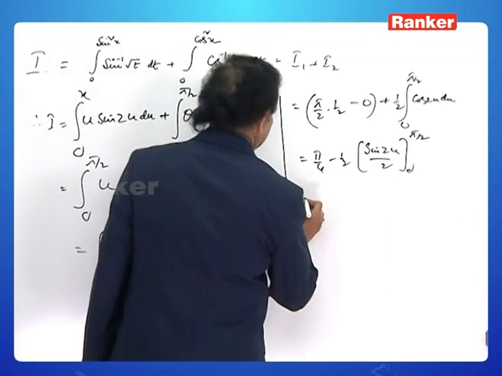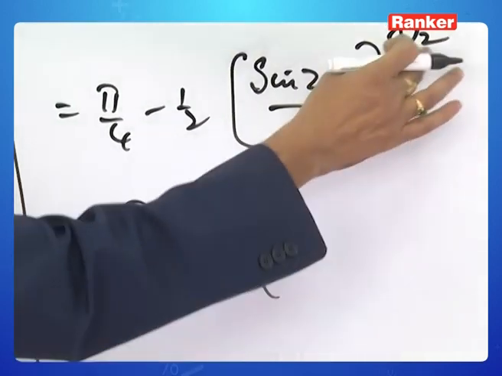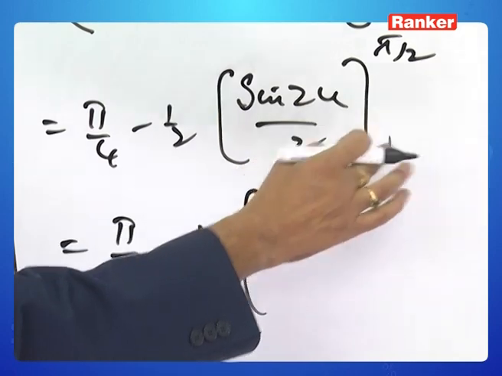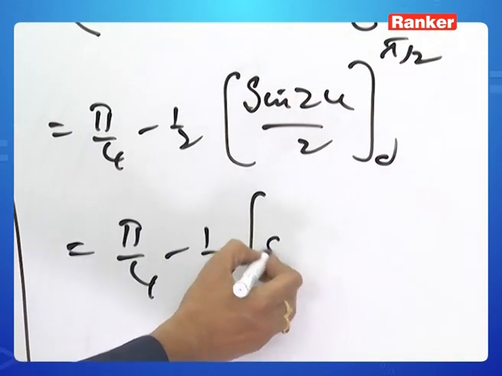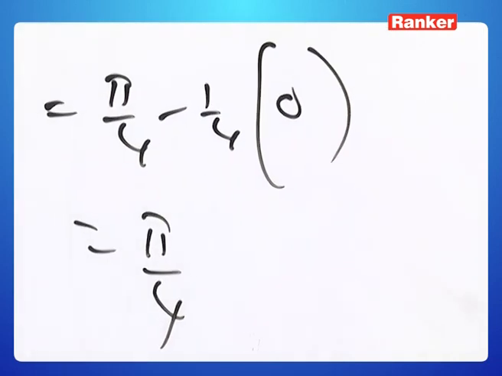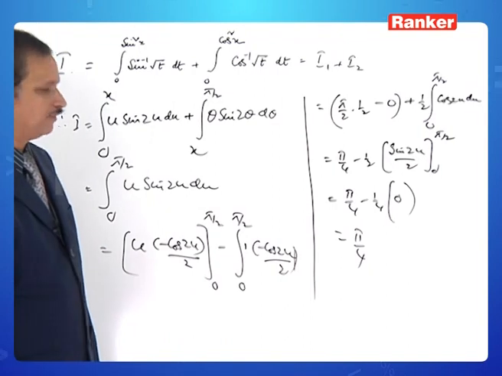Okay. This is therefore pi by 4 minus 1 by 4 into, if you put pi by 2, 2 into pi by 2 is 180. Sin 180 is 0. If you put 0, it is automatically 0. Hence the ultimate answer is pi by 4. Follow it carefully.